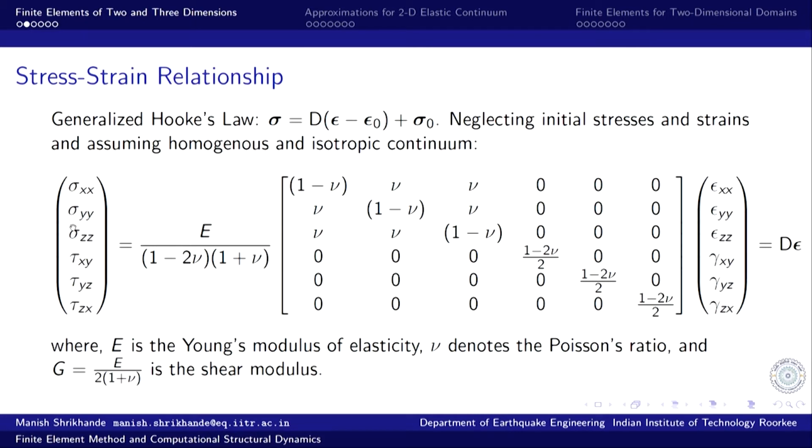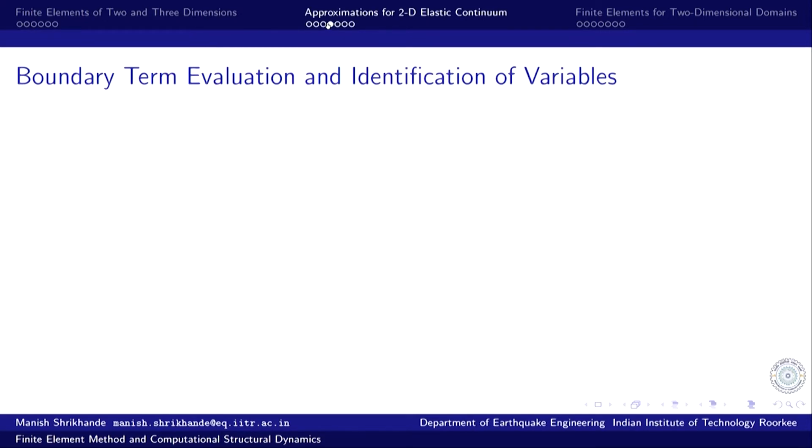So, we can have only 3 components here for stress, sigma xx, sigma yy and tau xy, and 3 components of strain, epsilon xx, epsilon yy and gamma xy, because all these 3 terms would vanish. So, appropriate terms can be picked up from this D matrix, and we can get the constitutive matrix for plane strain cases.